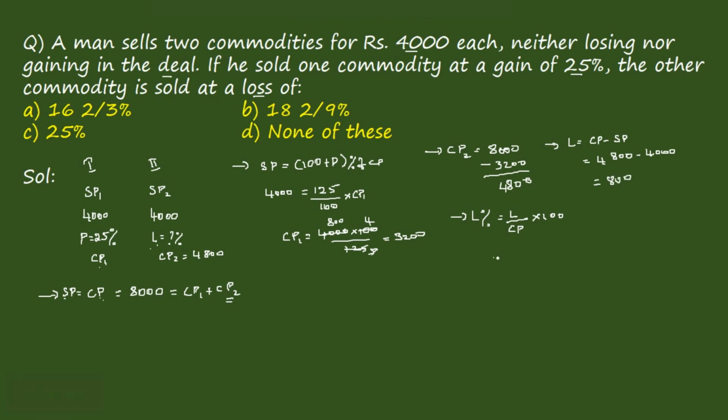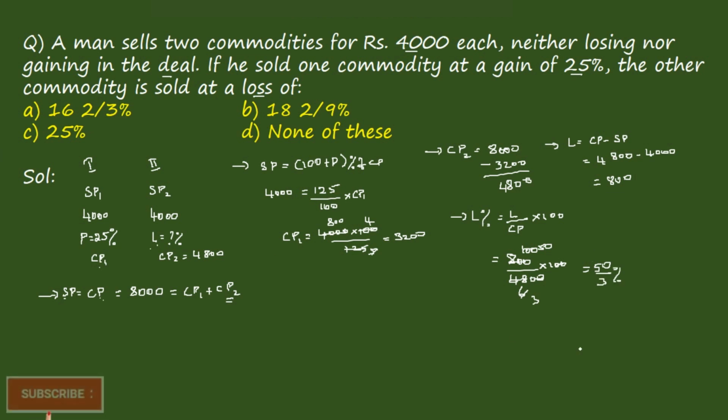Right. So just substitute it, we get 800 by cost price 4,800 into 100. Right. These two zeros get cancelled. 8 into 6, it goes by 100. Right. Again 2 into 3, it goes by 50, which is equal to 50 by 3 percentage of loss. Right.